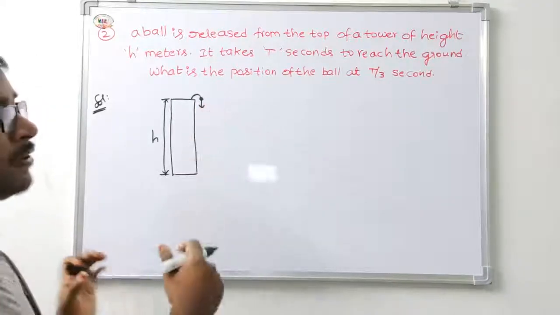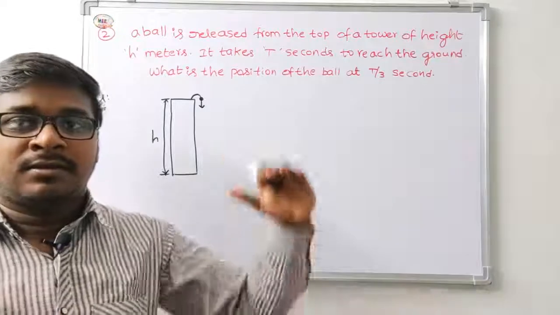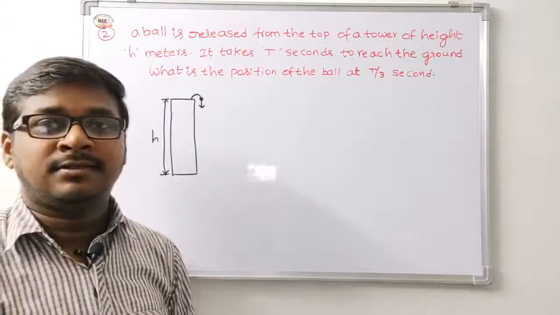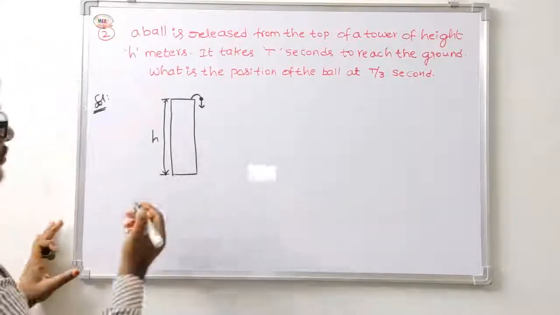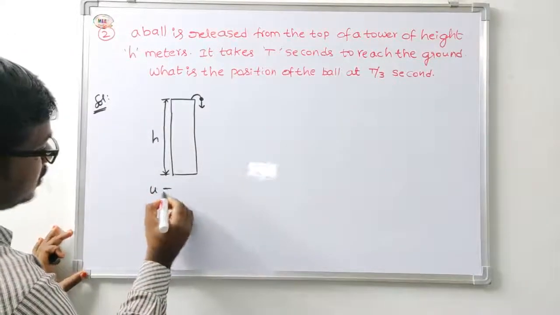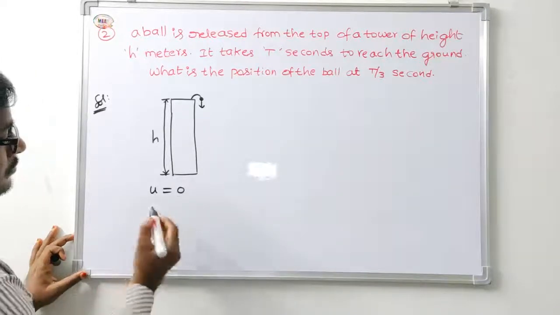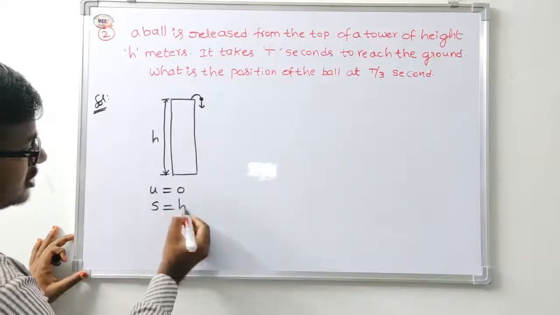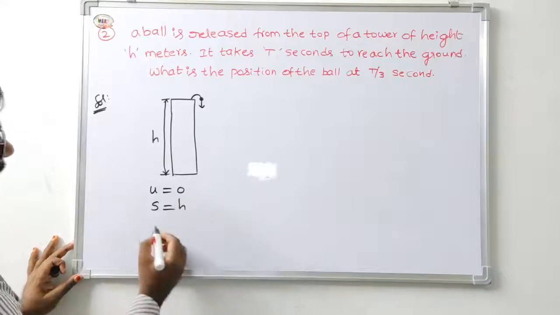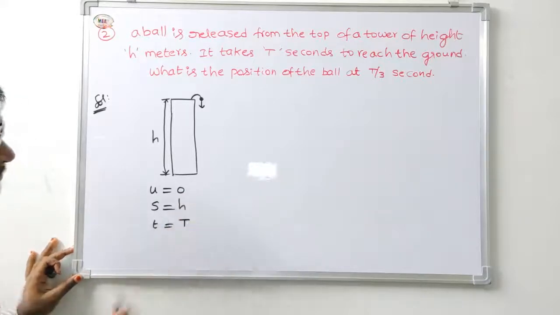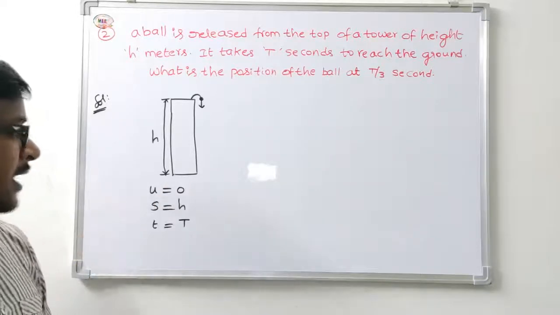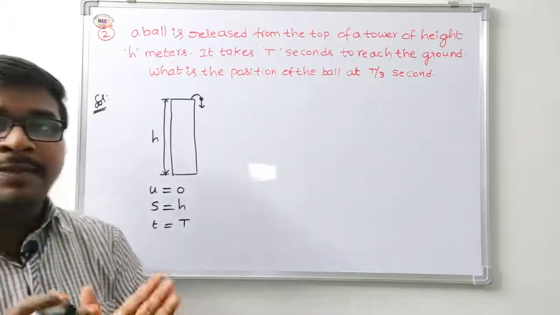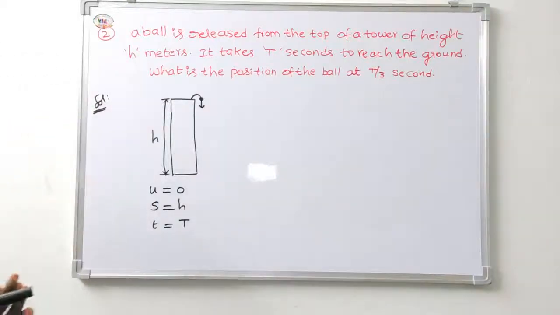The body is released from a certain height. It's a freely falling case, so the initial velocity is 0, u is equal to 0. S is equal to H, the height of the tower, and t is equal to capital T seconds to reach the ground surface.